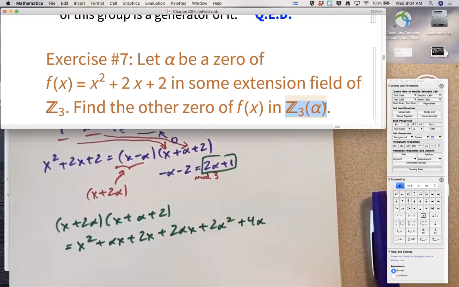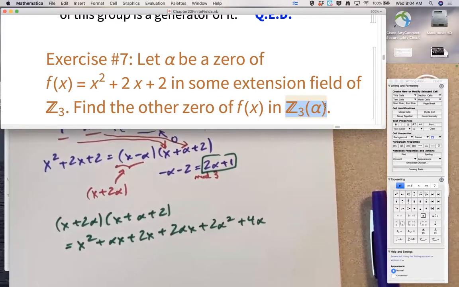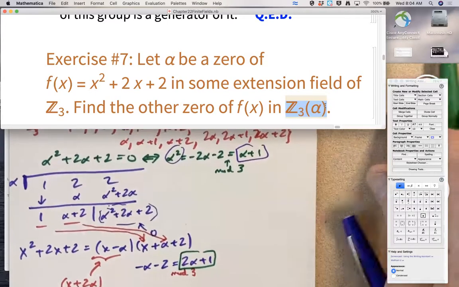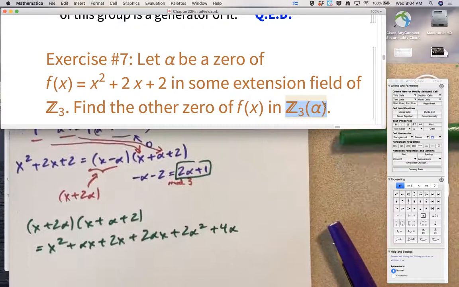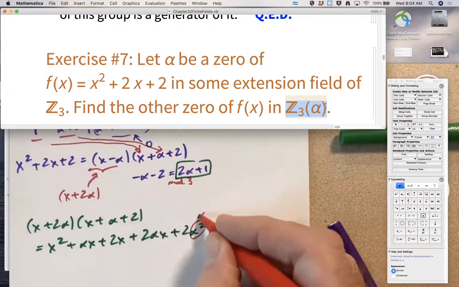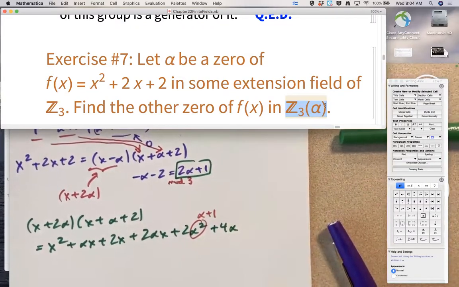Mod coefficients by 3, and also use the fact that alpha squared, just like before, is alpha plus 1. This thing can be replaced by an alpha plus 1. So we get x squared.